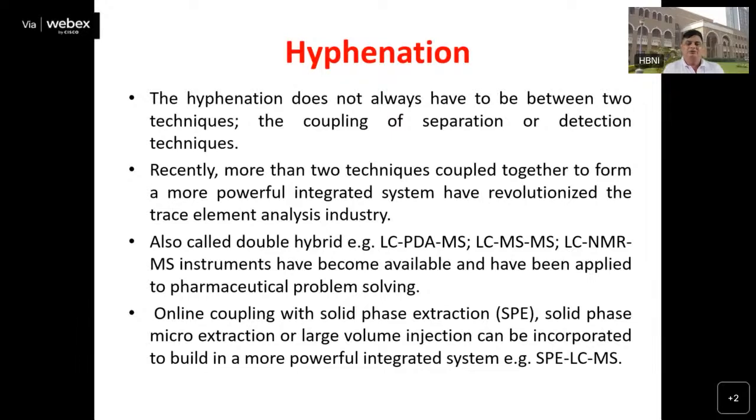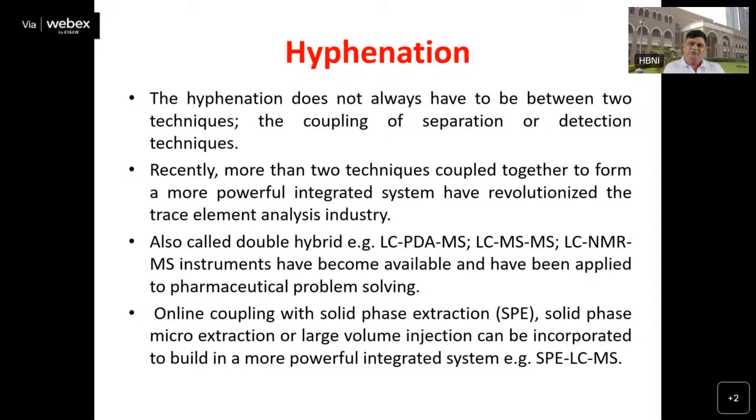They want to know what species, in what form they are present. These hyphenations will revolutionize those kinds of analysis, give us meaningful results, so that toxicity can be determined in a pinpoint manner. That's how we say they have revolutionized the trace element analysis industry.